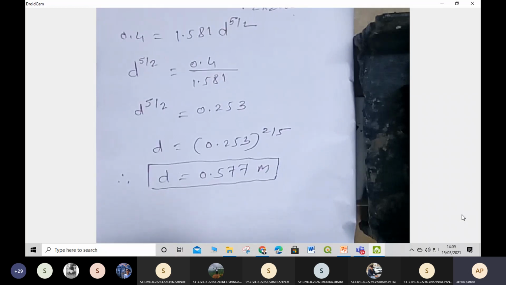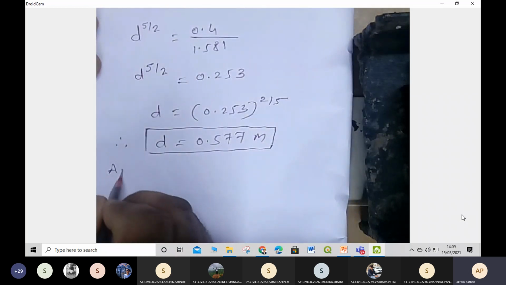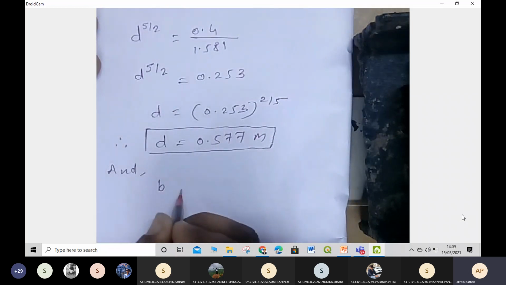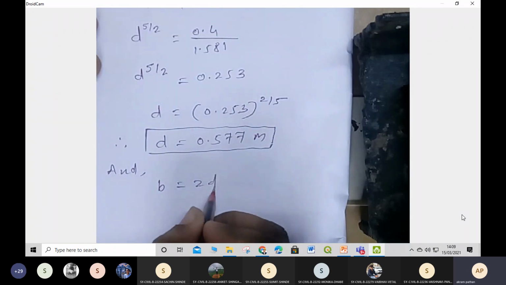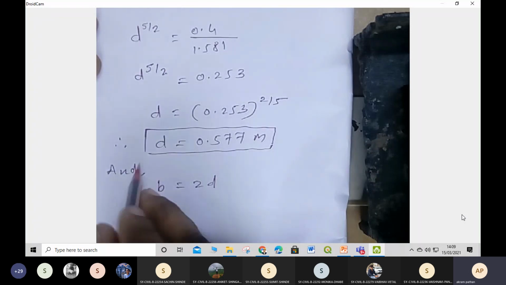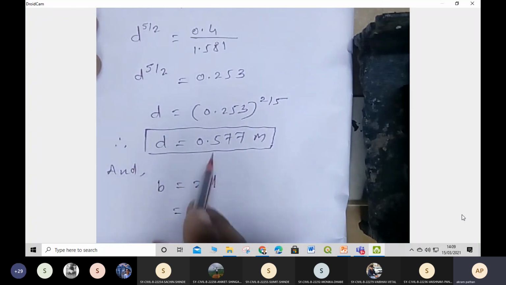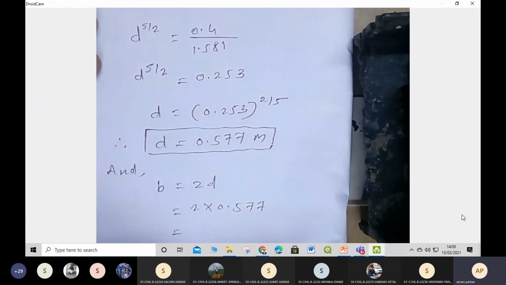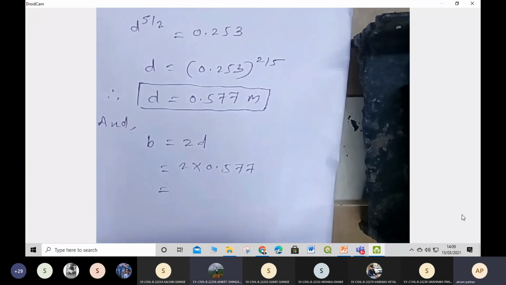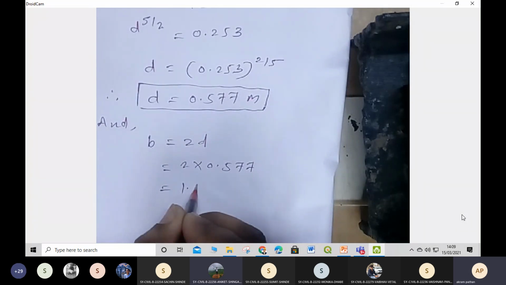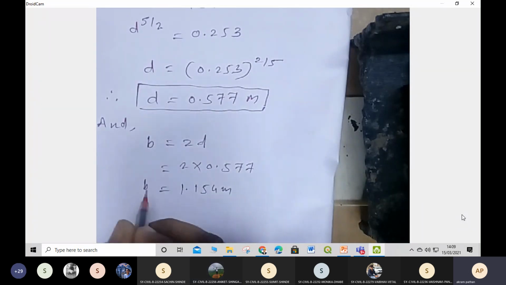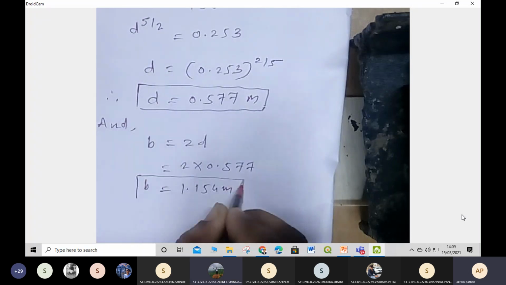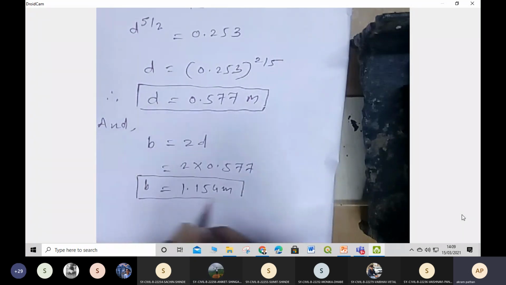And we have to calculate the width again. The bed width of the channel is equal to twice the depth of flow. We have the value of the depth of flow, so simply multiply by 0.577. So how much is it? 1.154 meter. So B is equal to 1.154 meter.